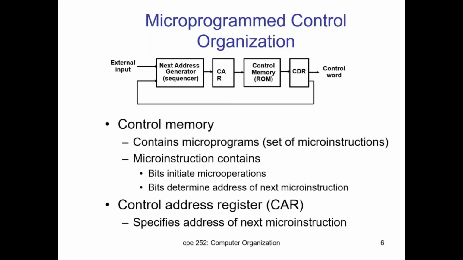So this is how we use the computer: input, process, output. That's it. These 3 things are done with the help of the micro-programmed control organization. So: external input, CAR, CDR, and finally output.